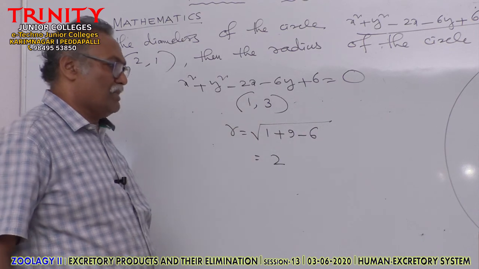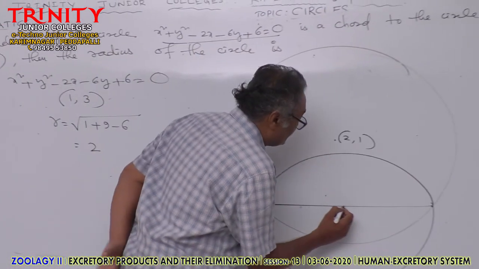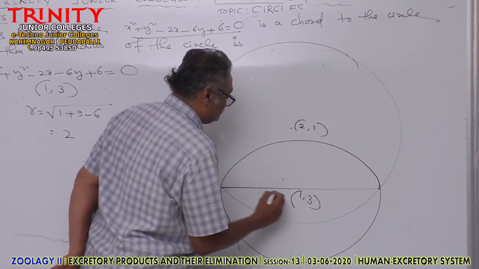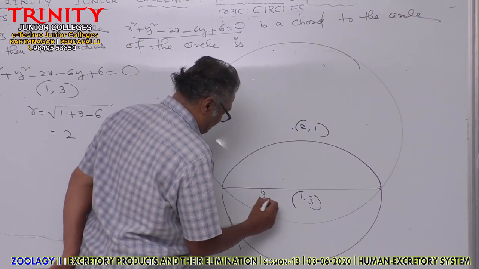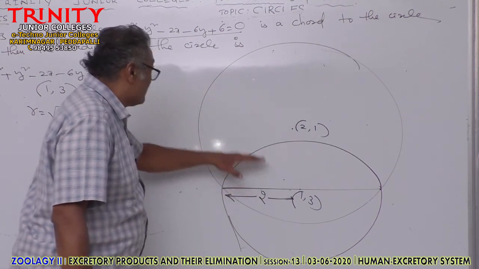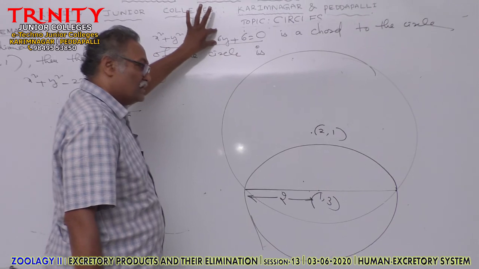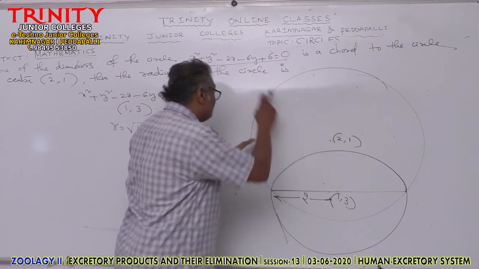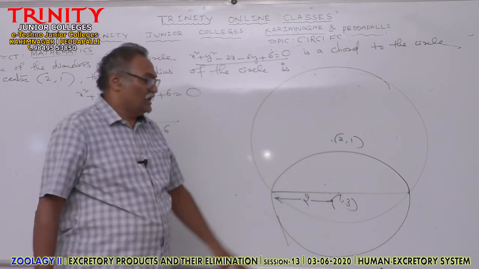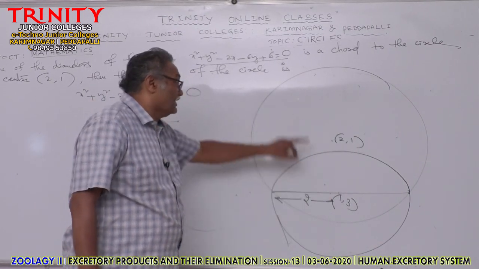Take like this. It is the diameter of the given circle, this one. It is the center of this circle. Its radius is 2 units. It is the chord of this circle.